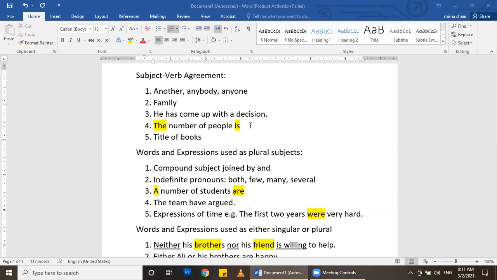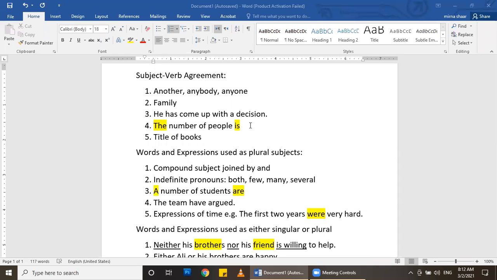So any title of a book, magazine, story, maybe sometimes your essays, your text, the title should always be singular. Also, the name of places, like the name of your school, or any place, should always be considered as singular. Any question about the first rule?